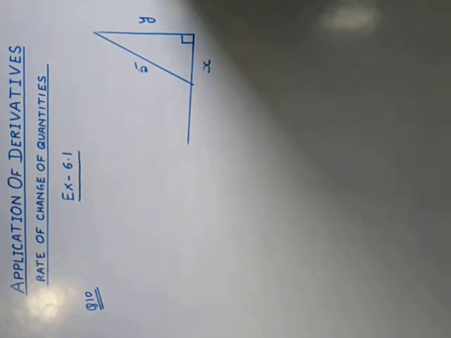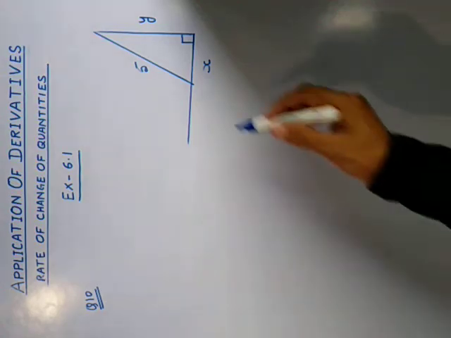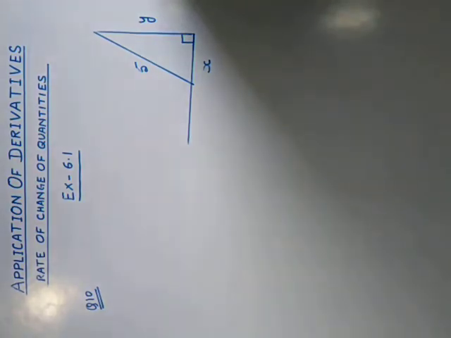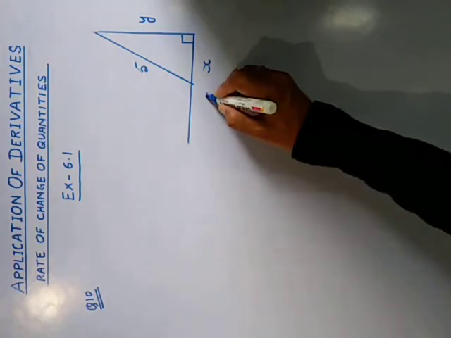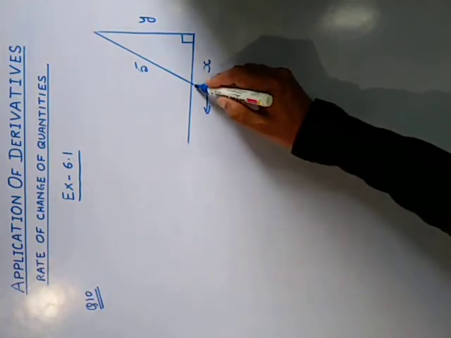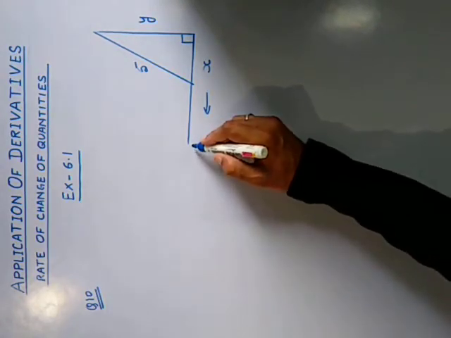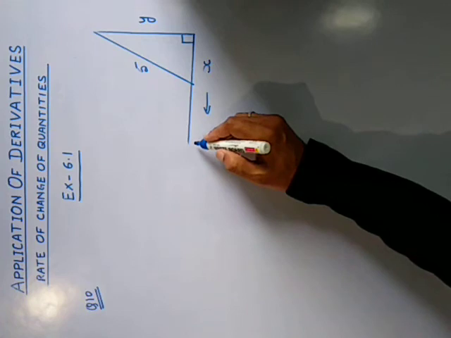Question number 10. A ladder 5 meter long is leaning against a wall. This is the ladder leaning against a wall. The bottom of the ladder is pulled along the ground away from the wall at the rate of 2 centimeter per second.